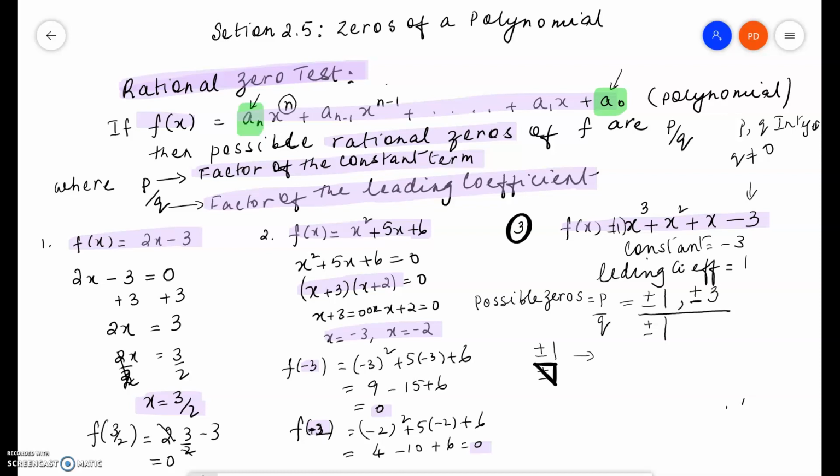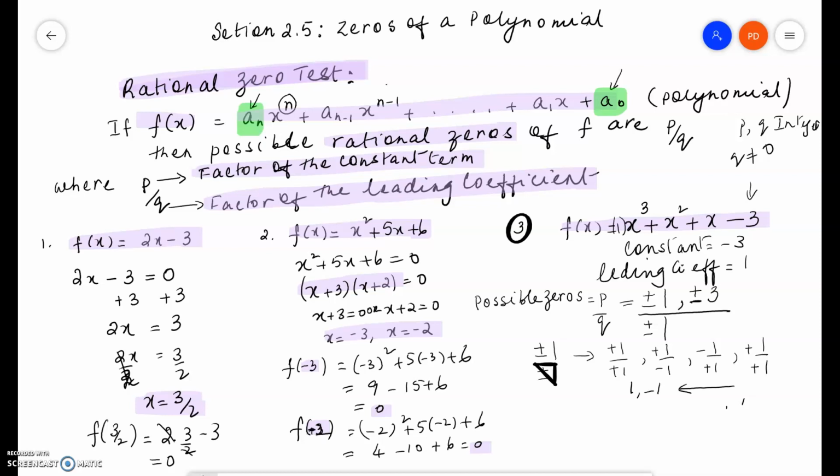What do we get here? We have plus 1 divided by plus 1, plus 1 divided by minus 1, minus 1 divided by plus 1. All possible combinations of plus or minus 1 in the numerator and plus or minus 1 in the denominator. So we have either 1 or negative 1 as possibilities.